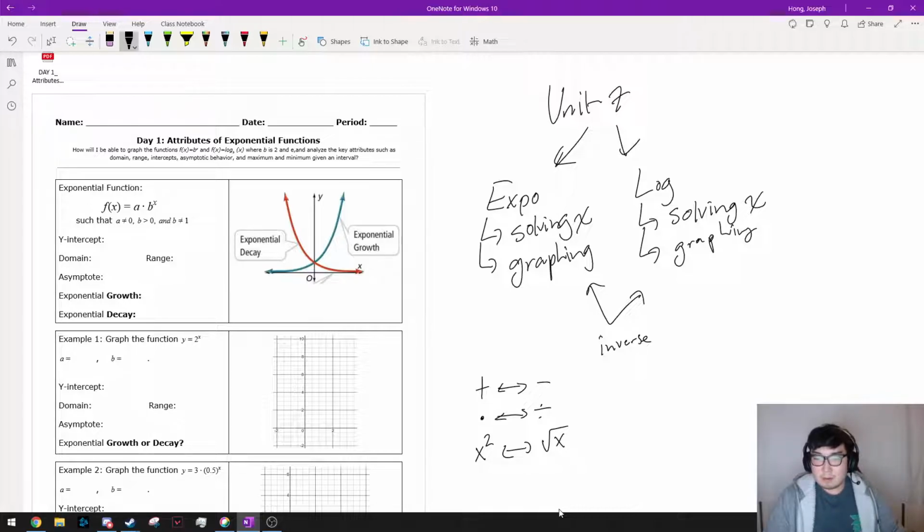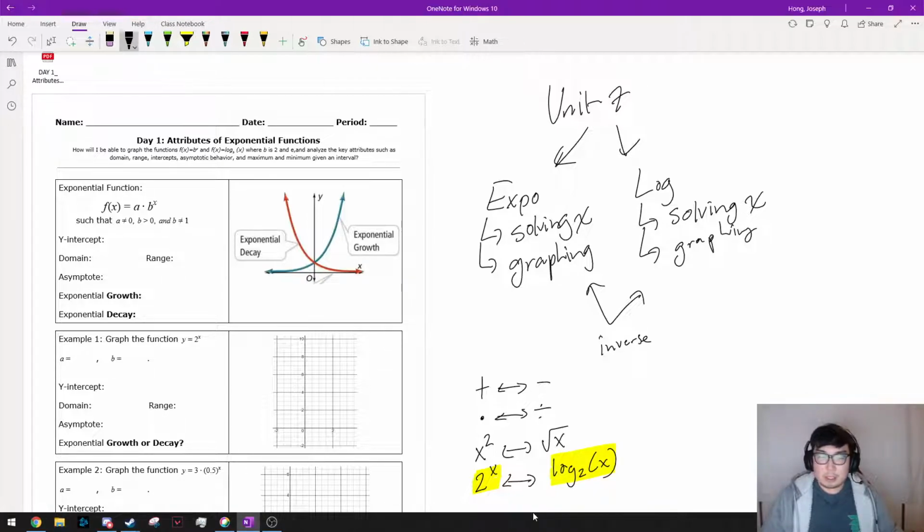And now exponential is the same as log base 2 of x. These are inverses of each other. This idea of a new function, they are inverses of each other. And this is where Algebra 2 starts becoming Algebra 2.